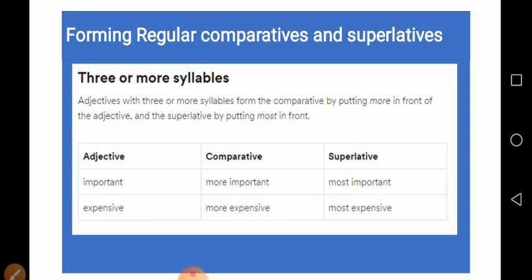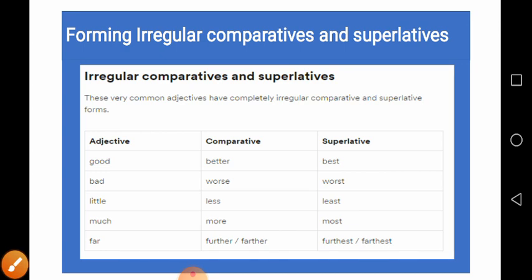When an adjective has 3 or more than 3 syllables, then we use more before the adjective and most before the adjective in the superlative degree. Okay.